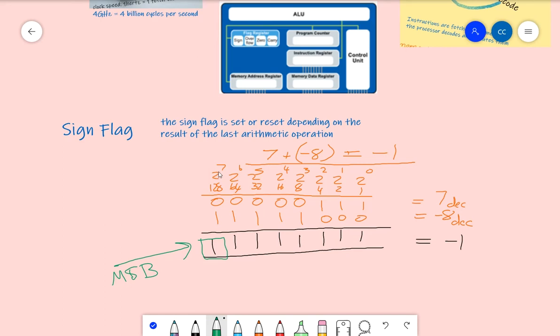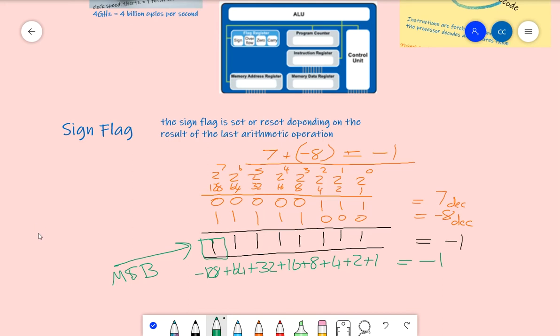And in this case, because it's 2 to the power 7, that means it's negative 128, plus 64, plus 32, plus 16, plus 8, plus 4, plus 2, plus 1, and you're left with negative 1. So that's where that's coming from. Always check your answer and be assured that this most significant bit is included in the value of the number, but if it has a 1 in it, then it has to be treated as a negative.